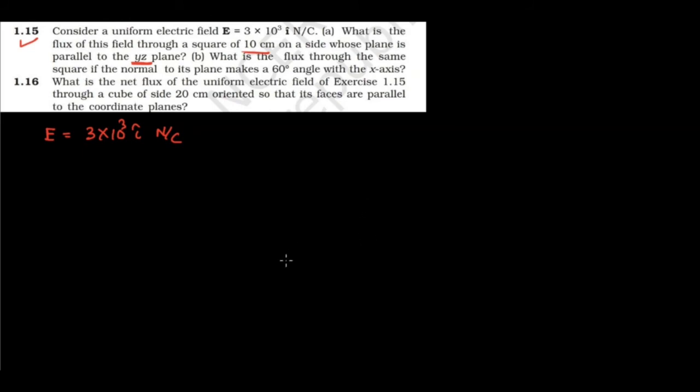Suppose this is the x-axis, this is the y-axis and this one is the z-axis. So we have drawn the coordinate axes x, y and z.